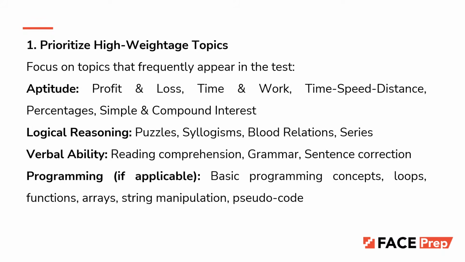For verbal ability, reading comprehension, grammar, sentence correction. And for programming, you may check basic programming concepts, loops, functions, arrays, and pseudocodes. So these are the high weightage topics to prioritize.